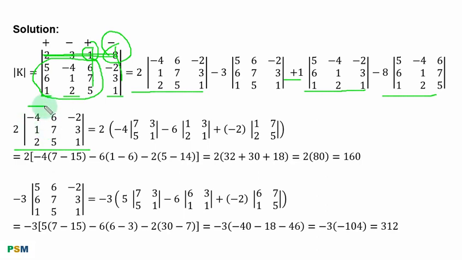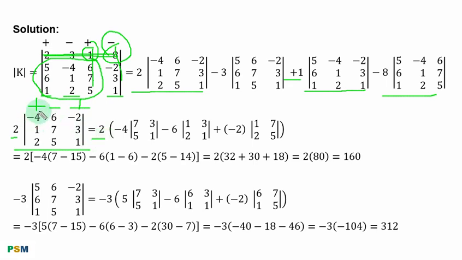The first element is positive, the second negative, the third is positive. I'm using row 1 to expand. This 2 will be kept outside, then we expand.